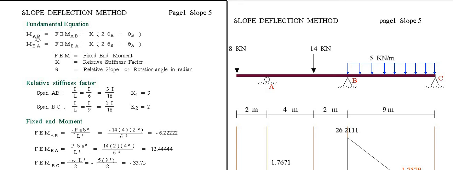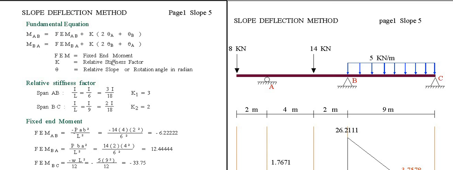On the left, A, B, B on the right of the equation. Then the moment BA is equal to fixed end moment BA plus stiffness factor times 2 theta B plus theta A. Follow this order.